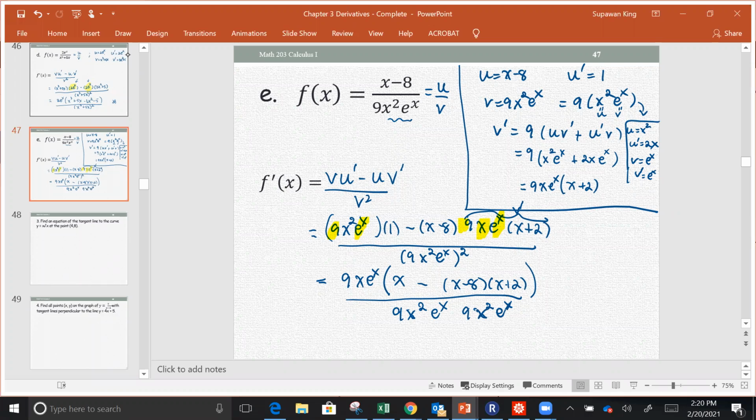And then simplify in the parentheses here, we get x minus the parentheses that contains the product of x minus 8 and x plus 2, which gives us x squared minus 8x plus 2x minus 16. Or we have x minus, the middle two terms are like terms and combine to be negative 6x.